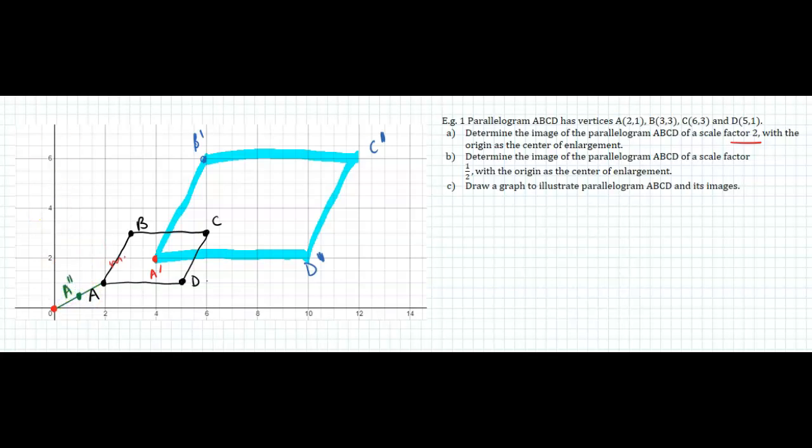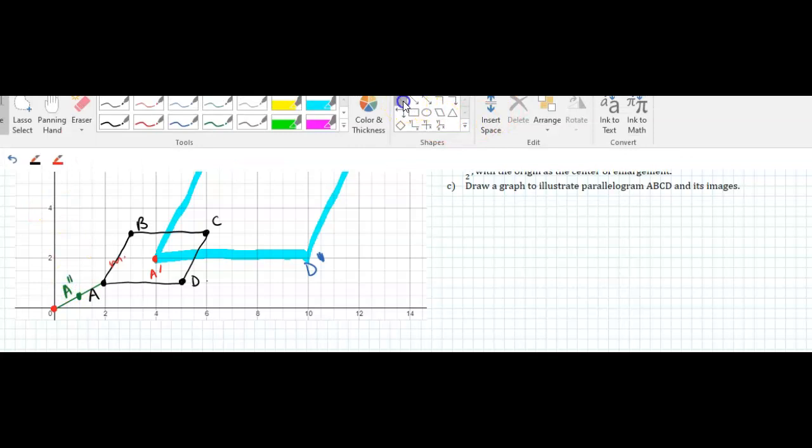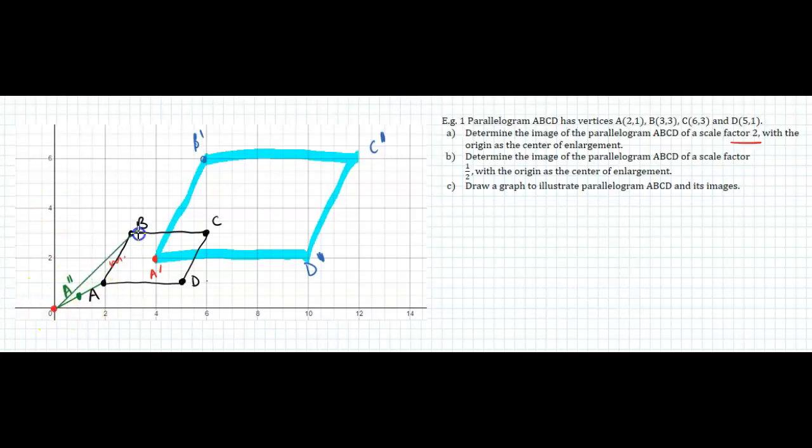Now I repeat the process with B and C. Measuring out here, it's kind of difficult for me to measure because I'm doing it online, but I'll just assume it would end up being around here, B double dash. So whatever distance you get, you just find 1/2 of it.